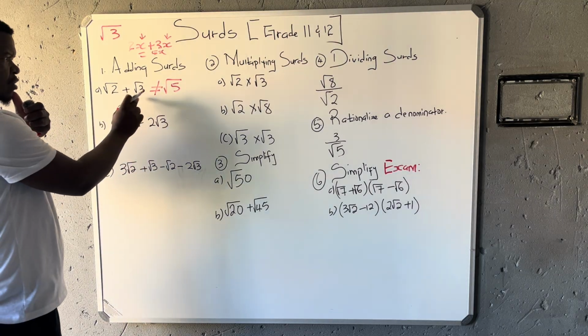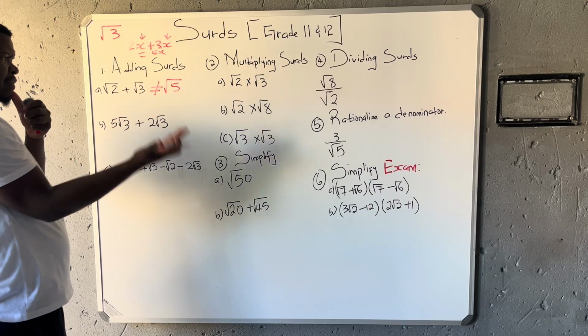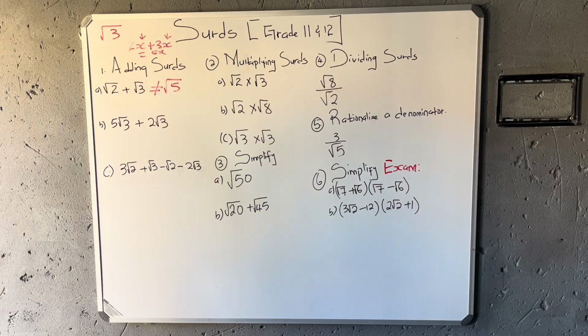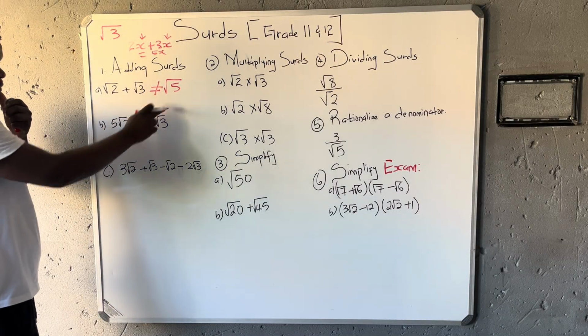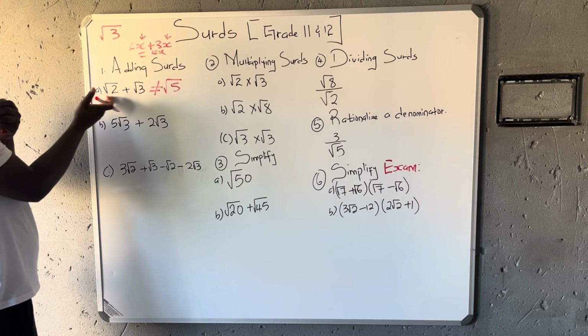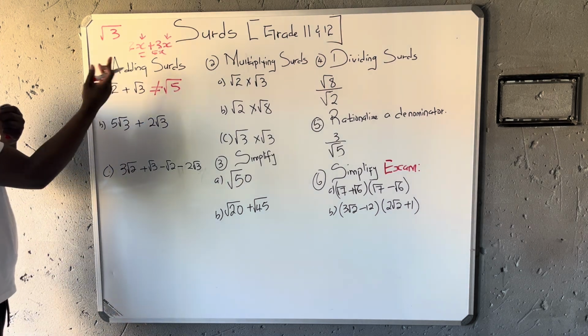Square root of 2 plus square root of 3 is not equal to square root of 5, simply because they are not like terms. That is misconception. So if you come across this, considering these are not the same, what will be your answer? The very same thing, it is your answer.